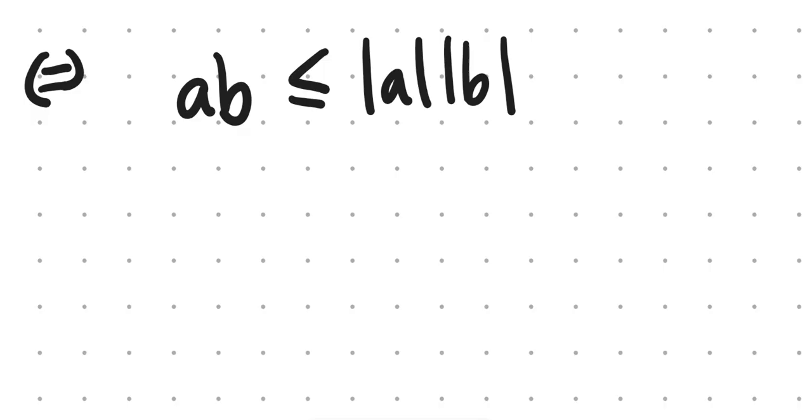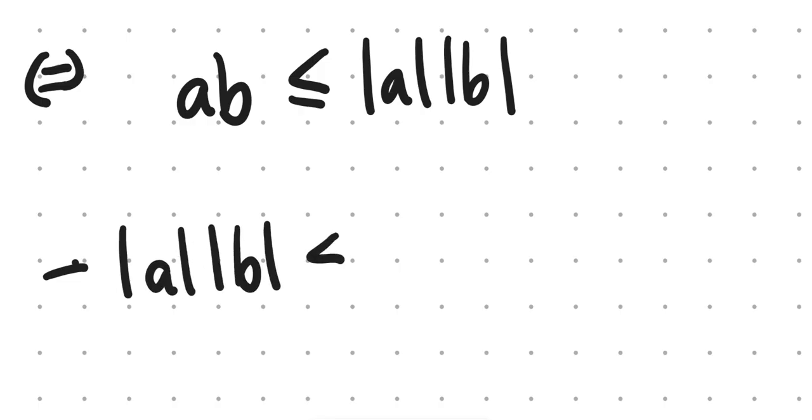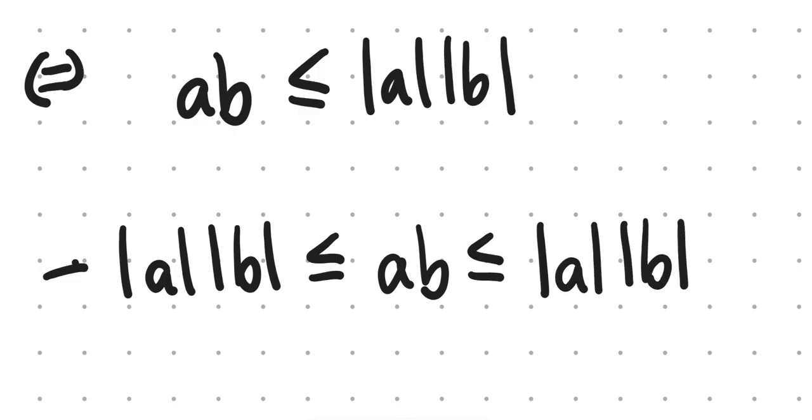The product is negative if we have a negative and a positive, or a positive and a negative. But we already know that negative absolute value of A times the absolute value of B is smaller or equal to AB, which is also smaller or equal to the absolute value of A times the absolute value of B.